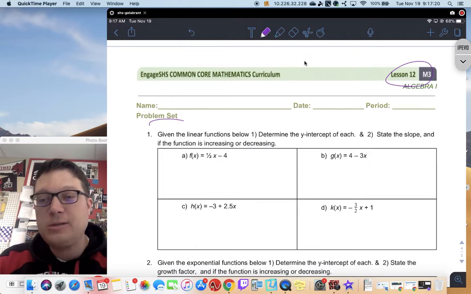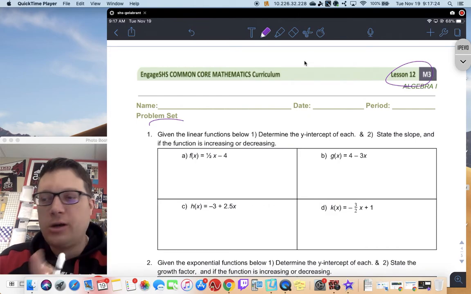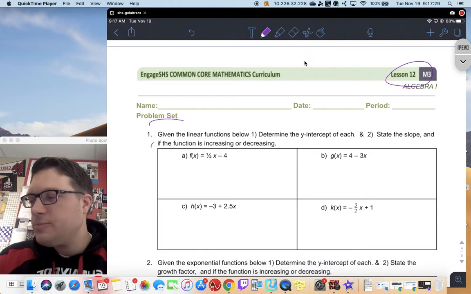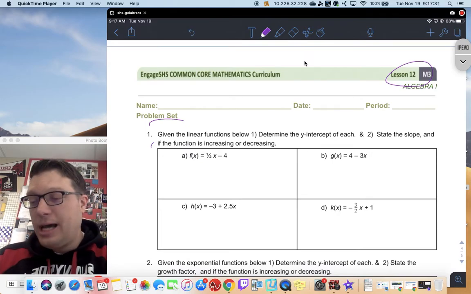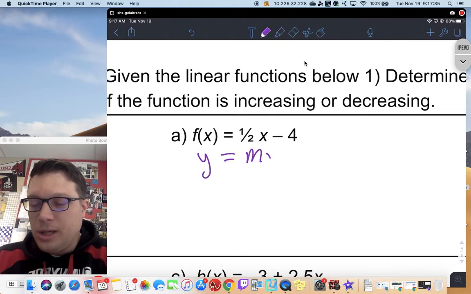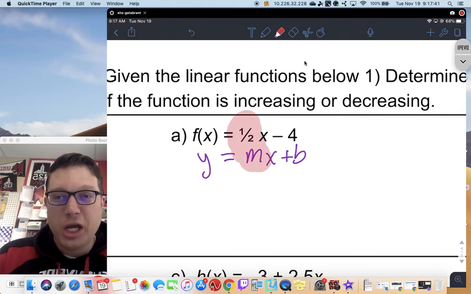There are two types of functions we're looking at: a linear function and an exponential function. Number one is full of linear functions. Maybe you remember from last year or years past that this looks like y equals mx plus b. And 1/2, m, is your rate of change. It's positive.